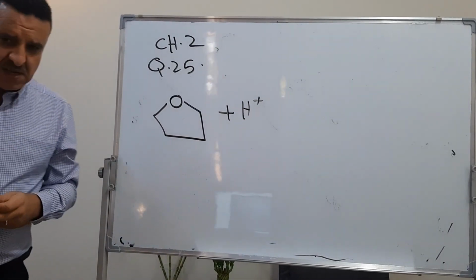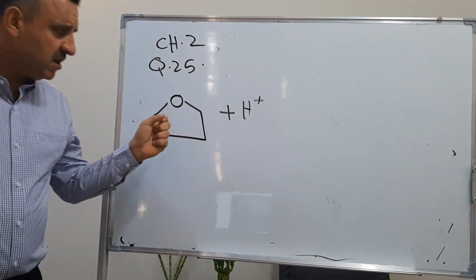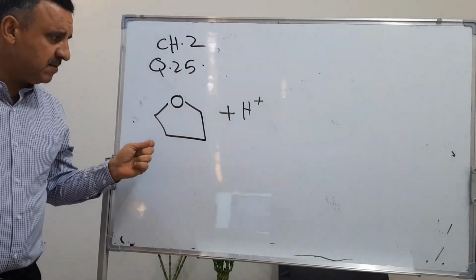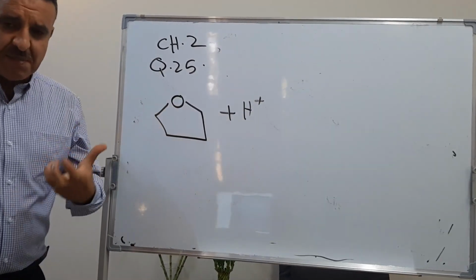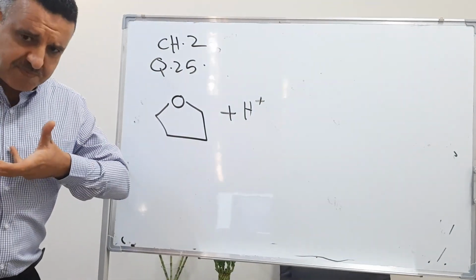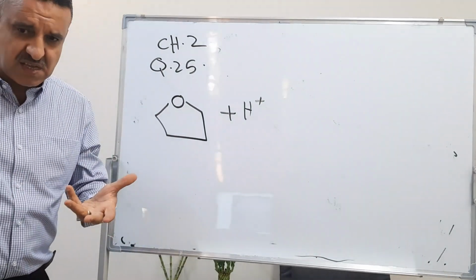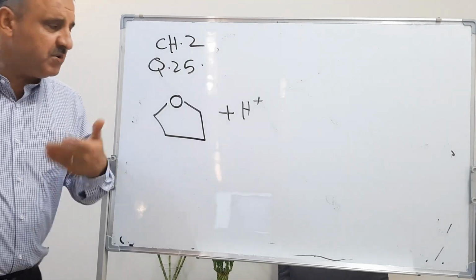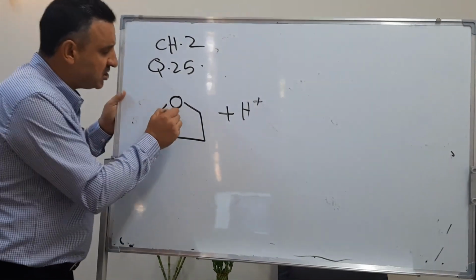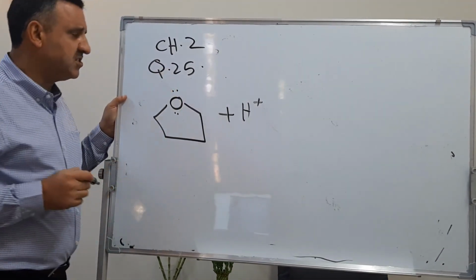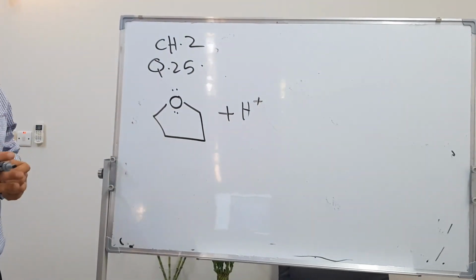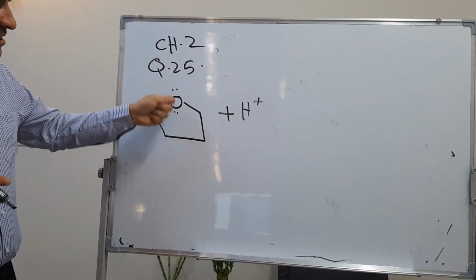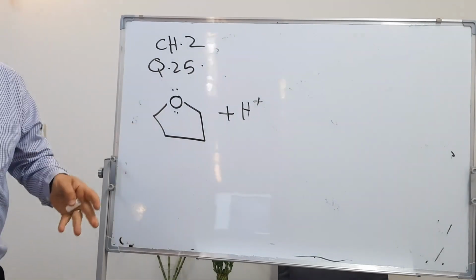Of course, in organic chemistry, this is the Lewis structure of this compound, but the lone pairs are not fully shown. You must know that the oxygen here, if it is bonded to 2 atoms, needs another 2 lone pairs in order to reach the octet.